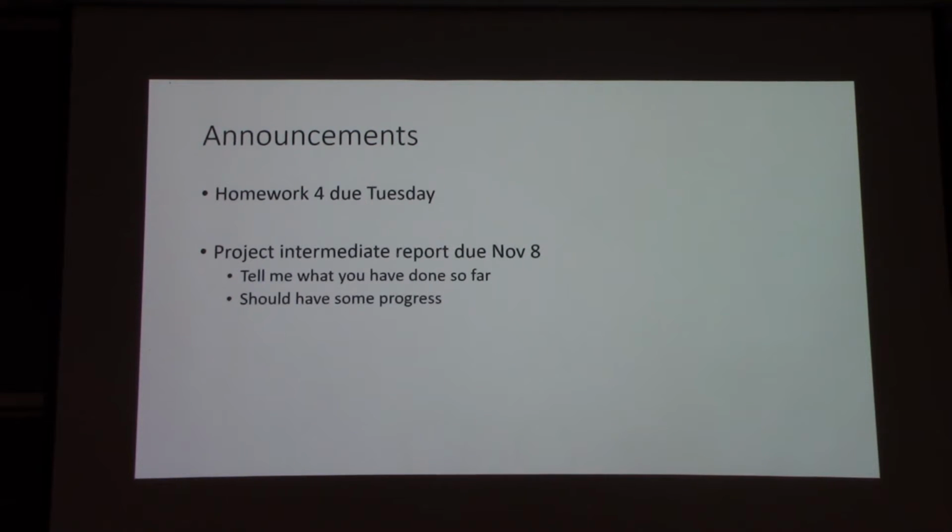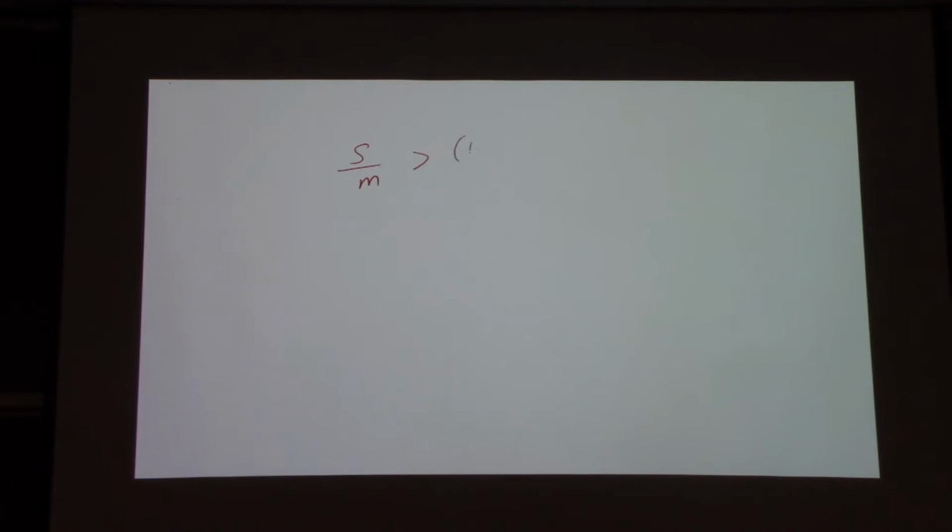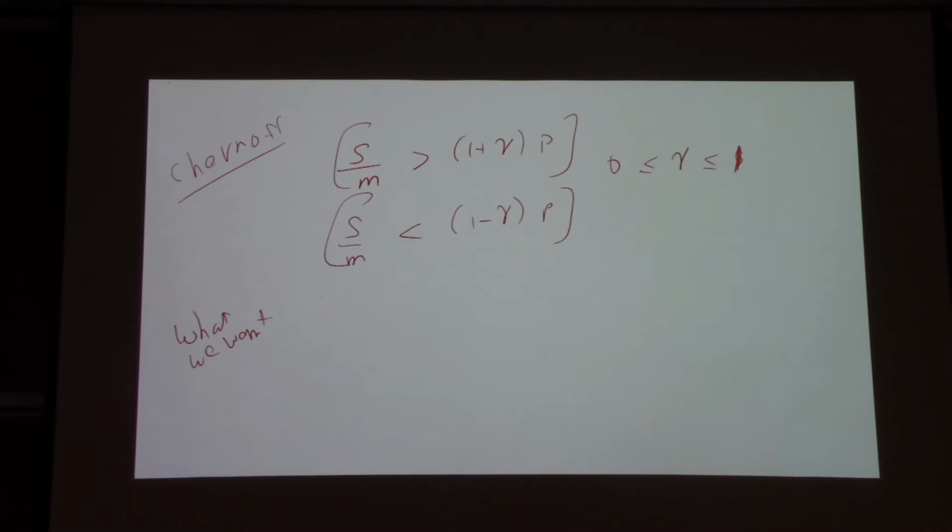On one hand, let me just write it again, because on one hand you have S over M, this is Chernoff, and what we want is P, not gamma but epsilon.